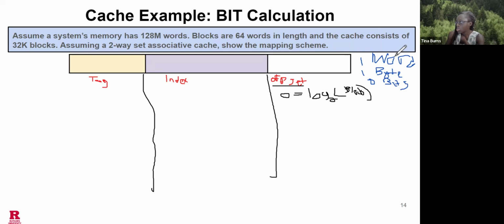So that's all the same. One word is 1 byte. That's the same thing as 8 bits. So since we're using bytes, when it says these are 64 words long, that's the same thing as saying it's 64 bytes long.